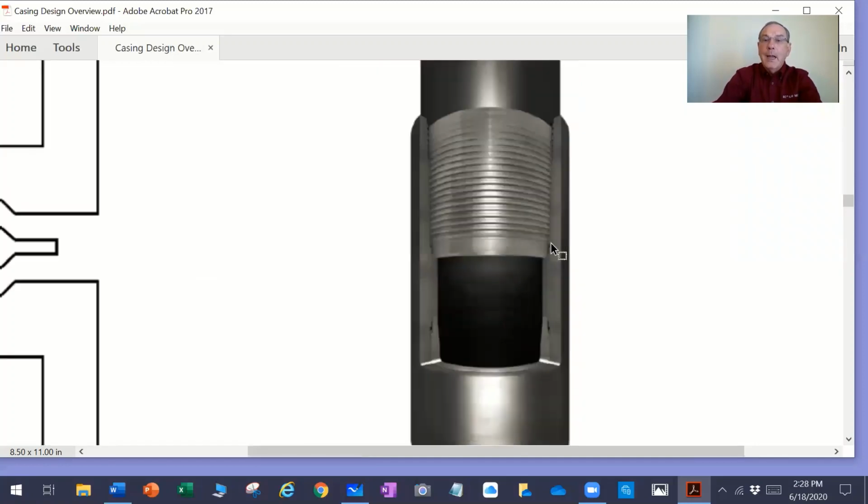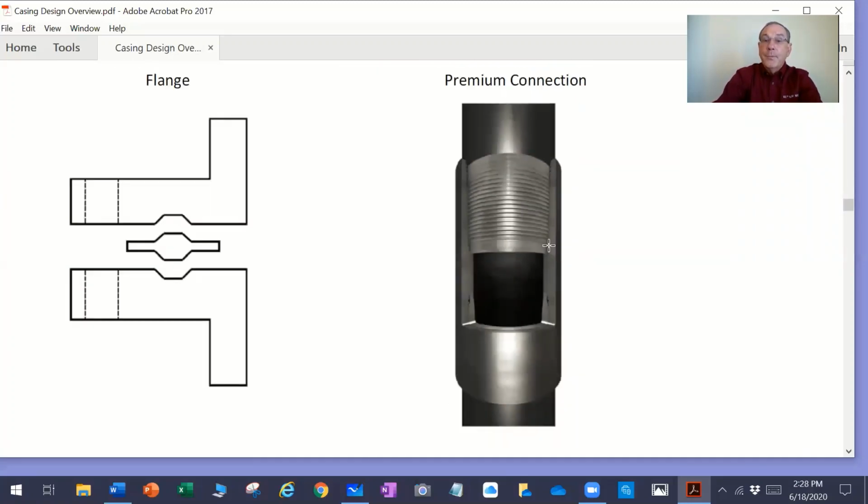What has enabled this to be successful for our industry is that when you make up this connection to a certain amount of torque, it has installed a stress of, say, 60,000 PSI on this metal to metal surface made out of P110 material, and it has not damaged it.